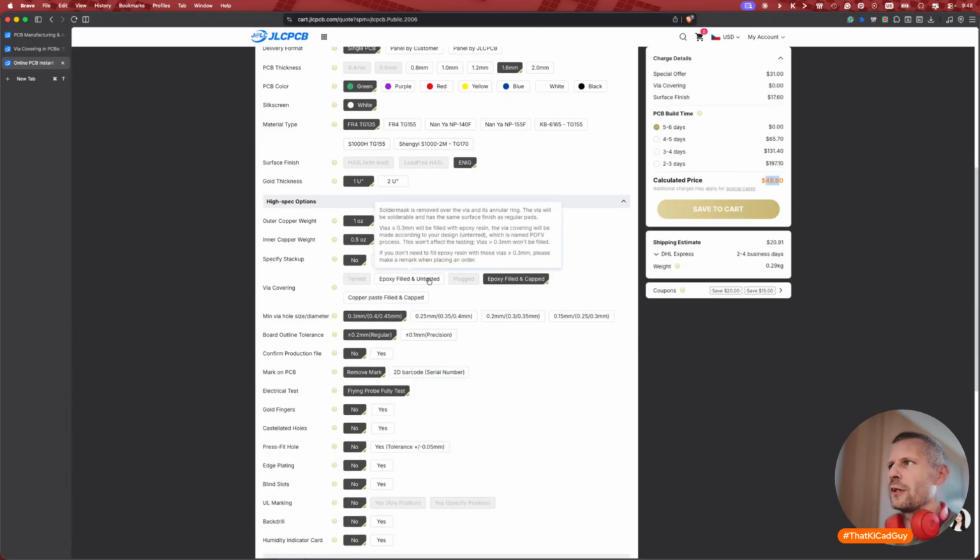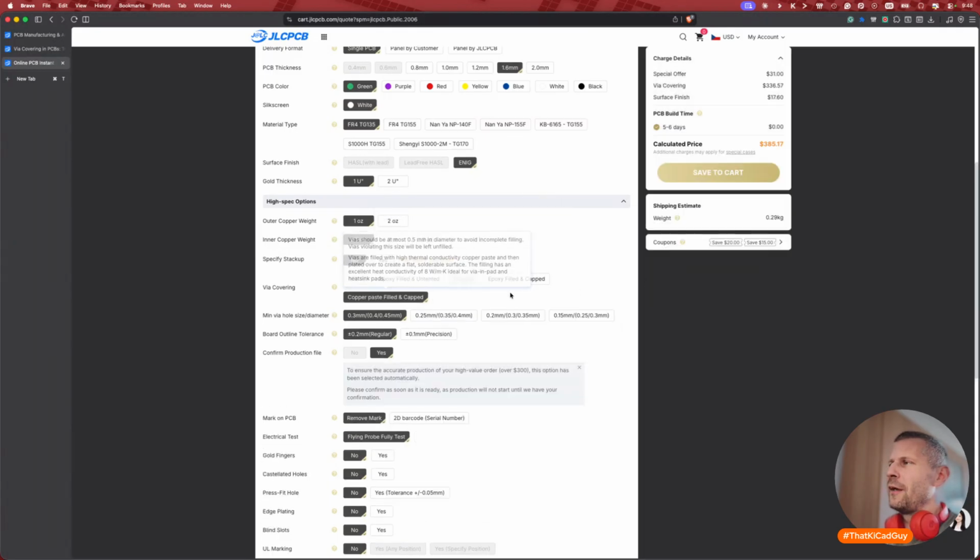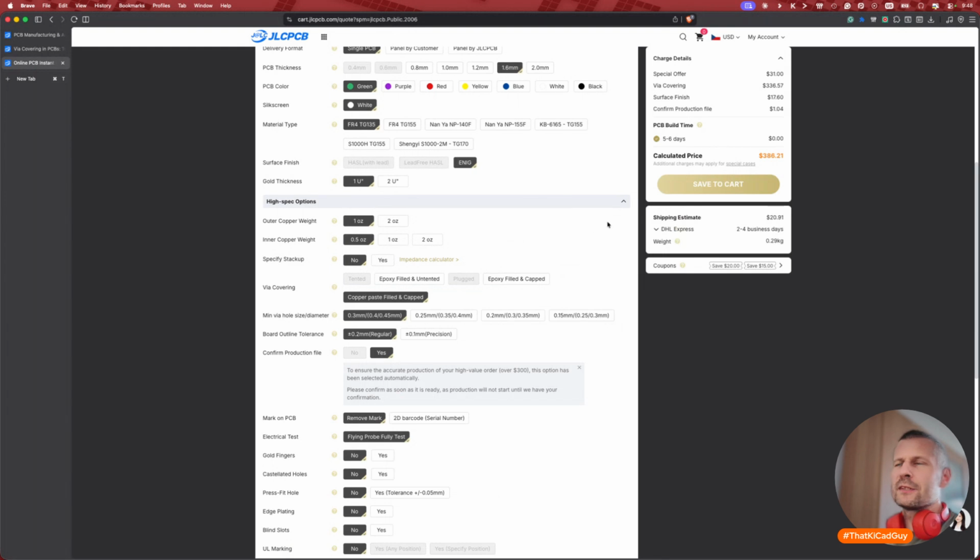And when you choose the untinted ones, the price is the same. So the epoxy fill and copper fill have like an 8 times price difference, 48 or 386. And I'm not sure if I want to pay so much for that.